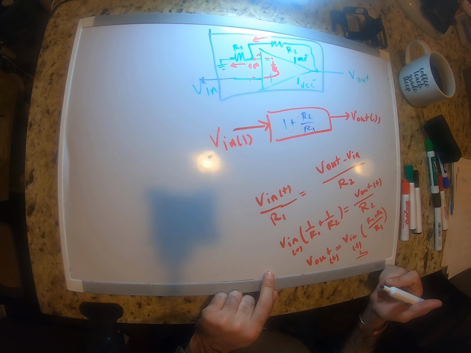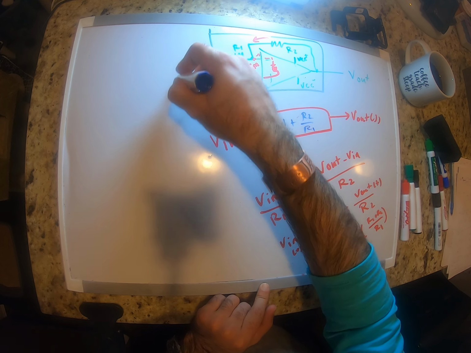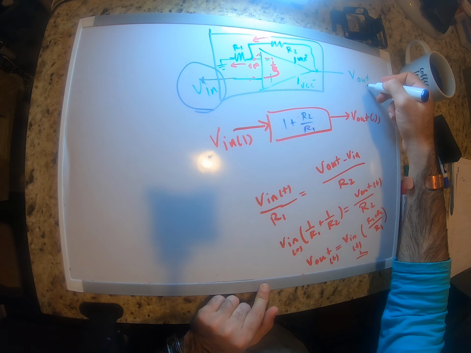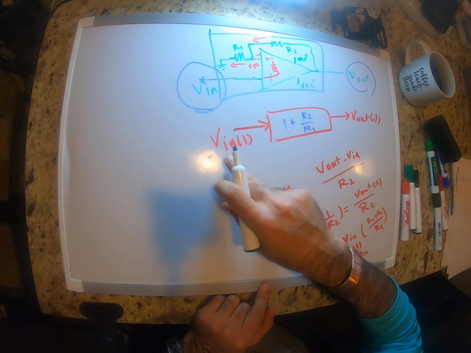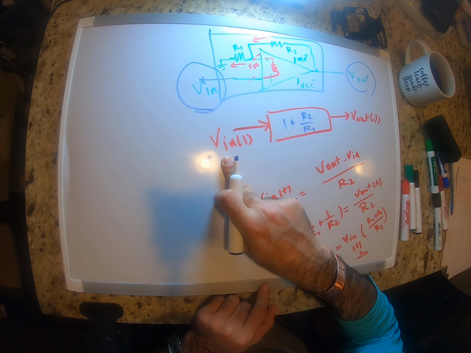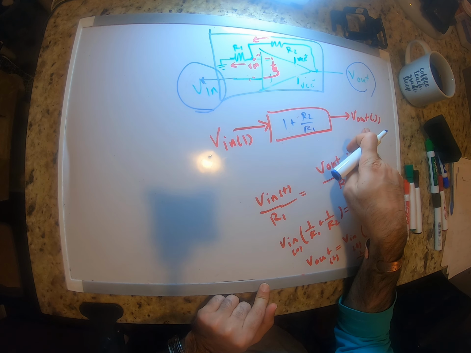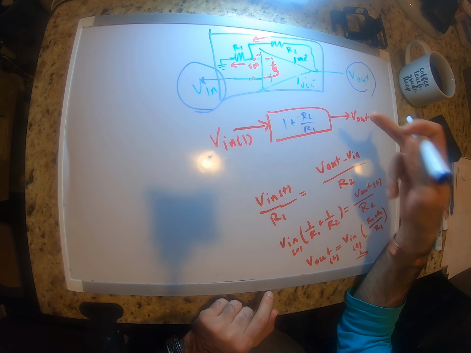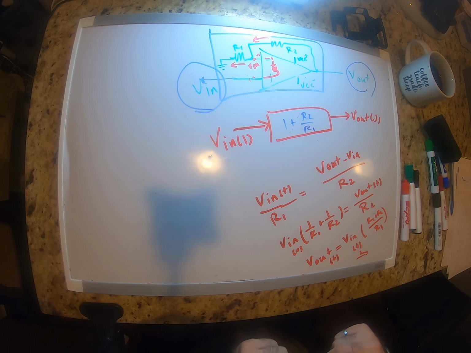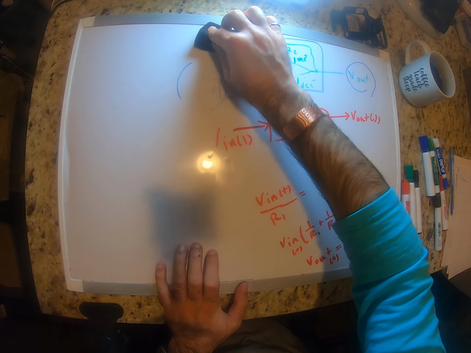It doesn't matter what input voltage you have; if you want to find the output voltage, you take the Laplace transform of the input, multiply by this, and find the output voltage in the s domain. You take the inverse Laplace transform, and you find the output voltage in the time domain.